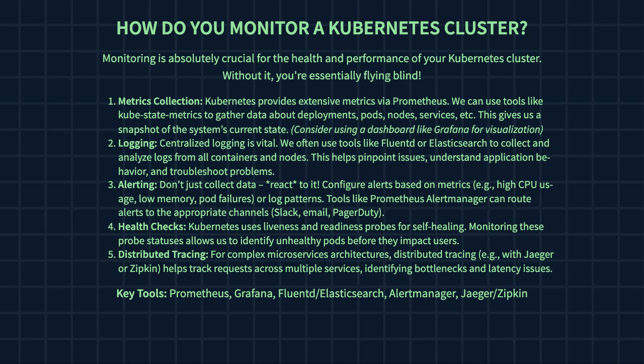Don't forget health checks. Kubernetes uses probes to automatically check if pods are healthy, and monitoring those is key. And for really complex applications with lots of microservices, distributed tracing can be a lifesaver in figuring out where problems are hiding. Tools like Prometheus, Grafana, and Elasticsearch are commonly used to manage this whole process.